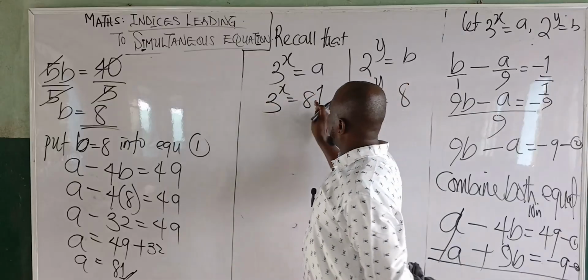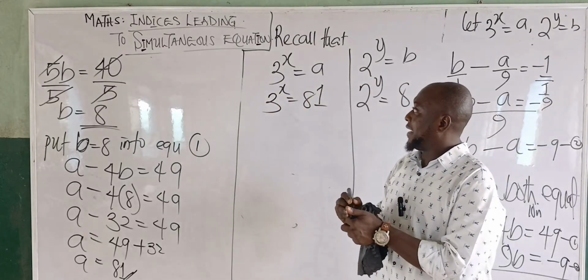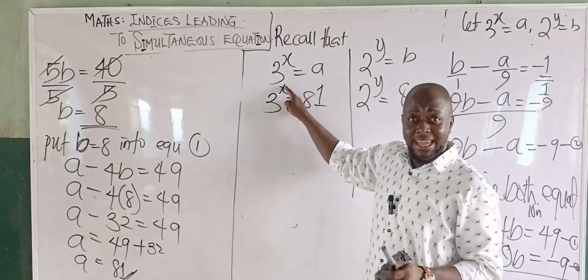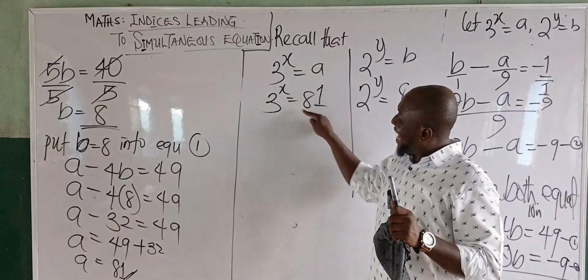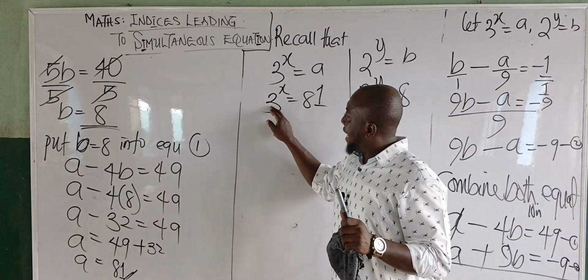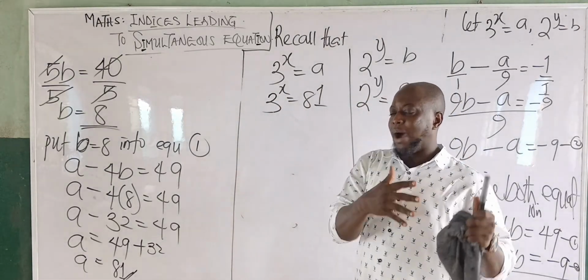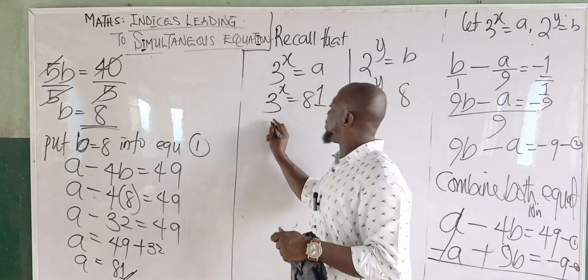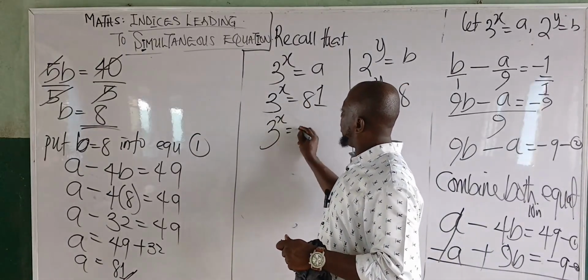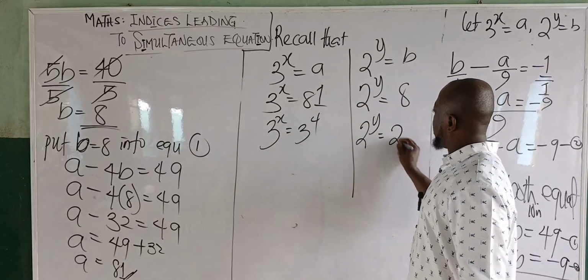So how do I do this one? I have to change this one into indices form. How do I break this one into indices? This is 3 raised to the power of x. Why this is 81? This is telling you that you can break this one into a value that will give us power. So 3 raised to the power of 4 gives us 81. So I'll write 3 to the power x here to give us 4 here. Why 2y here? This one is 2 raised to the power of 3.